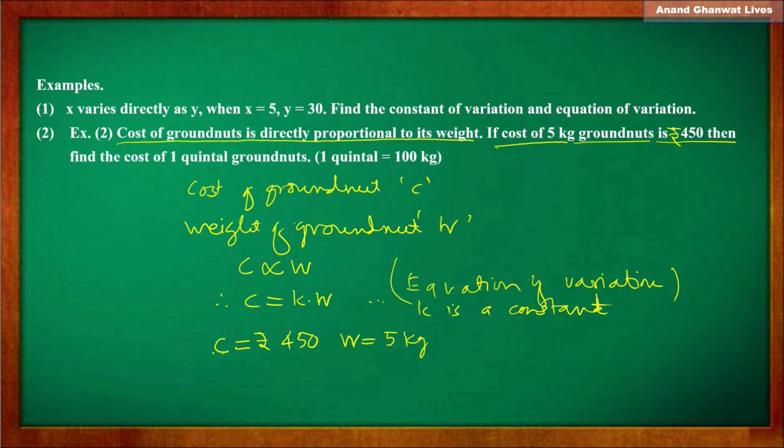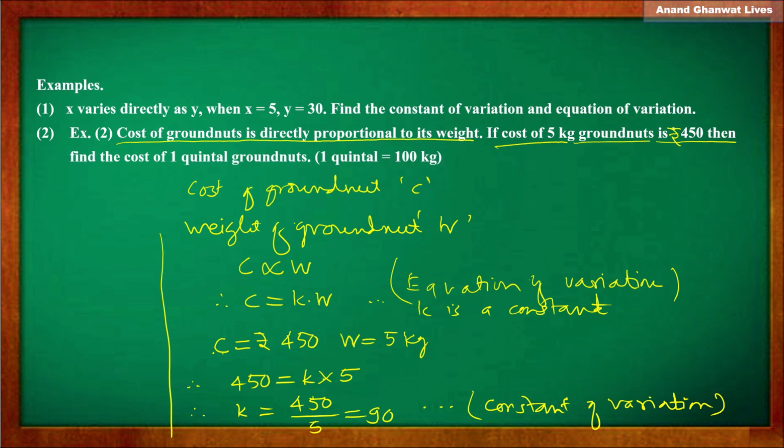Therefore let us find the value of K. 450 is equal to K into 5. Therefore K is equal to 450 upon 5, and it is equal to 90. So the constant of variation is 90 here.